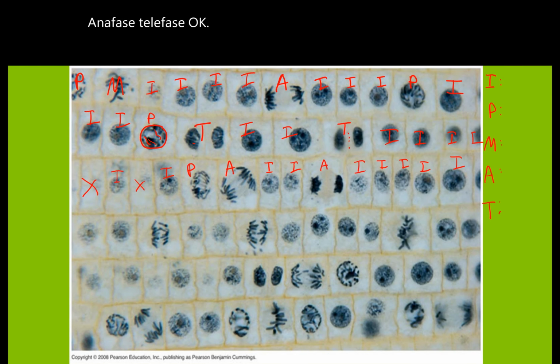So how many interphases do we count here? Interphase. 1, 2, 3, 4, 5, 6, 7, 8, 9, 22, 23, 22.